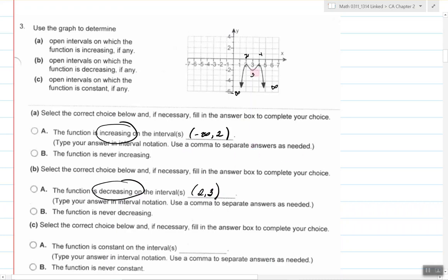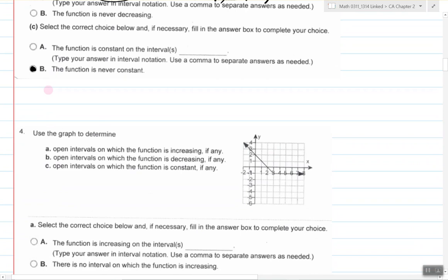Okay, from 3 to 4, it's increasing again, comma, 3 to 4. And then from 4 to all the rest of the x's that are positive, it's decreasing. So that will be from 4 to positive infinity. It was falling, so it was decreasing. And it was never constant.